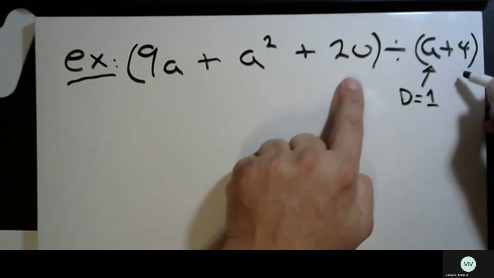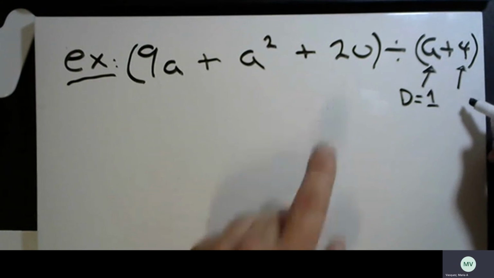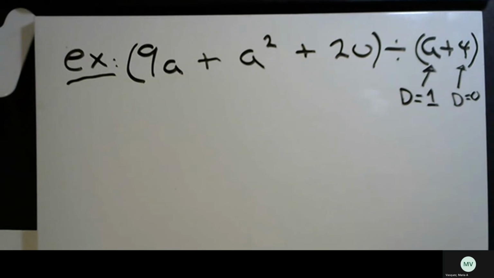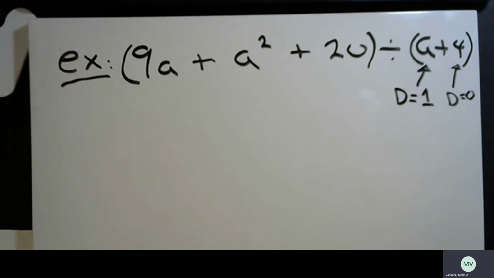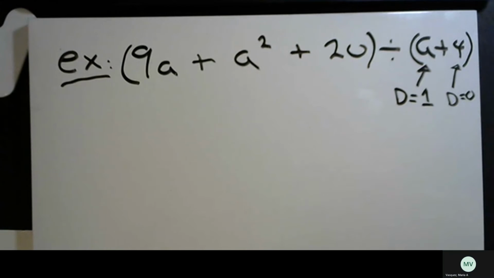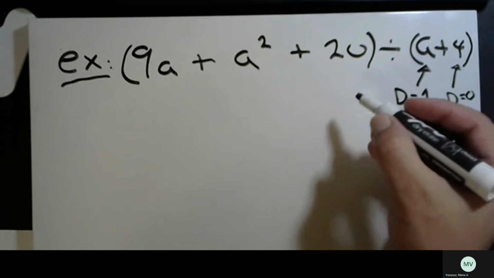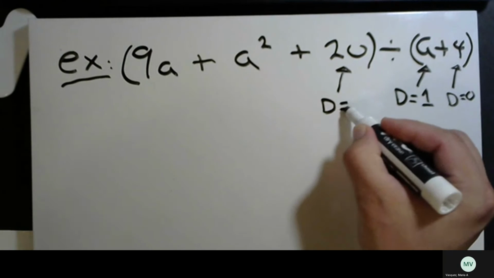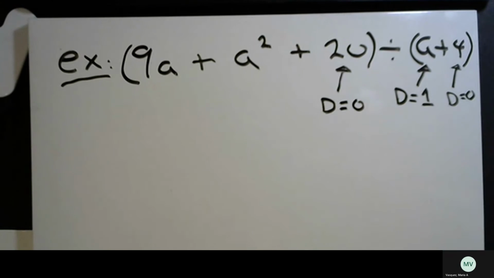Each of these is a term, and terms are separated by a plus or a minus sign. The degree you get from the exponents. Constants, with no variable attached, have a degree of 0, which is why this 4 and the 20 have a degree of 0.